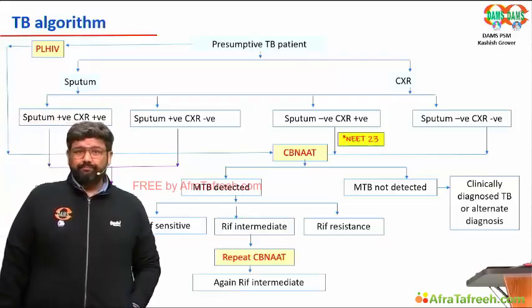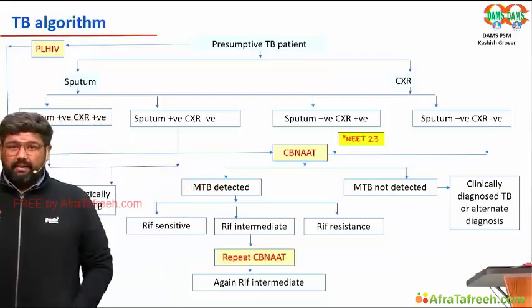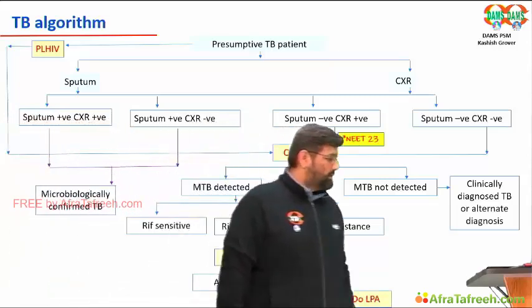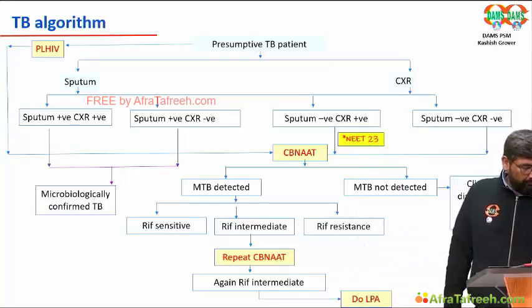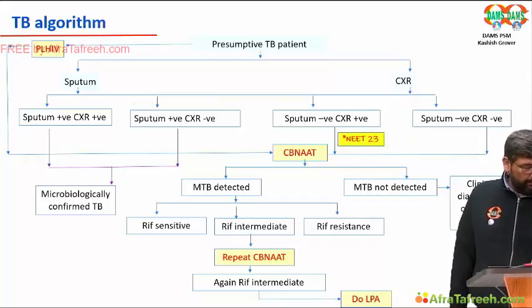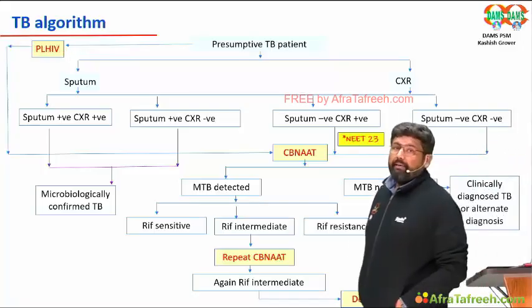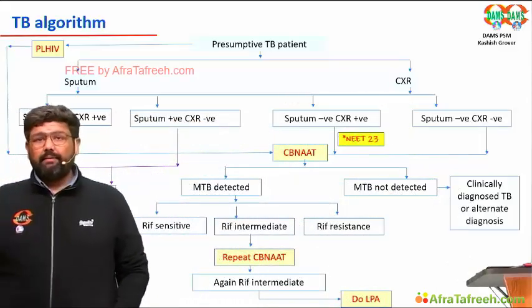Repeat CBNAAT, and if it again comes intermediate, now we do line probe assay. We never repeat the sputum. In the recent guideline, sputum is never repeated again.